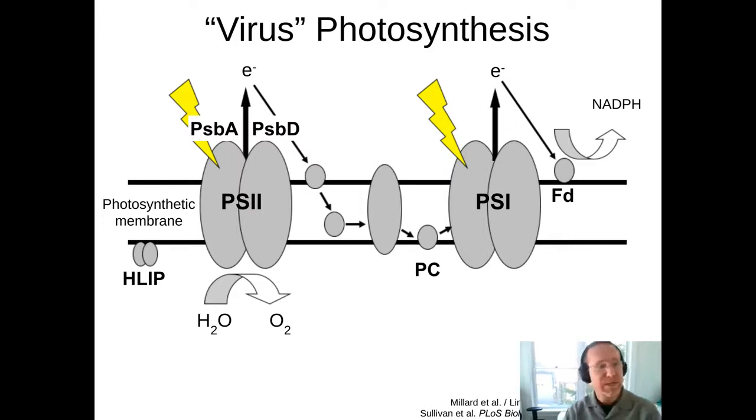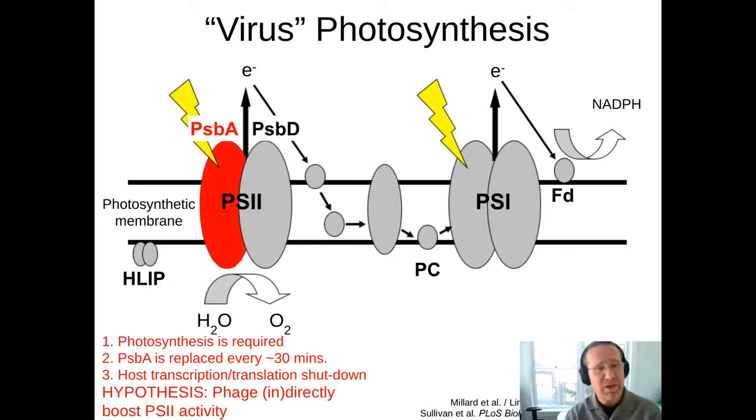That electron would be passed to ferredoxin and on to other reactions. The viruses almost all steal the core photosystem 2 reaction center protein called PsbA. This is an important protein because it splits water to make hydrogen and oxygen. So important, in fact, that 4 Nobel Prizes have been won studying this kind of reaction center.